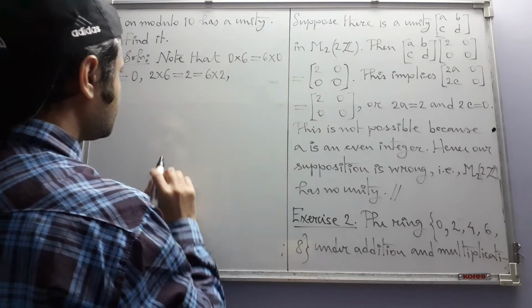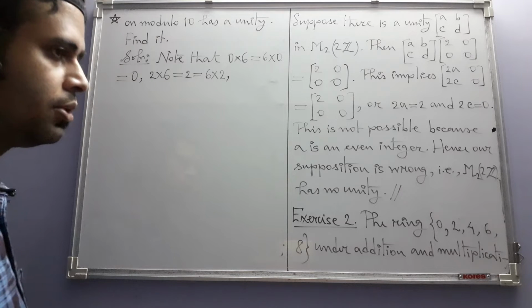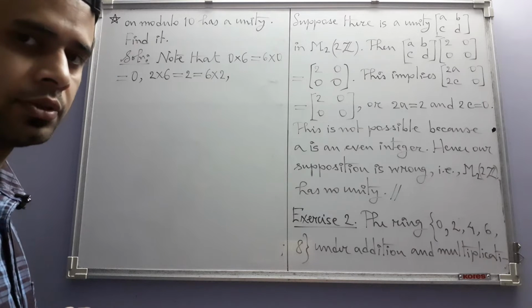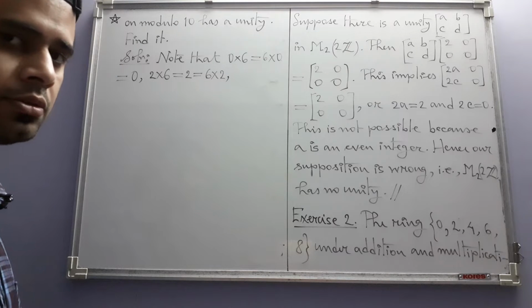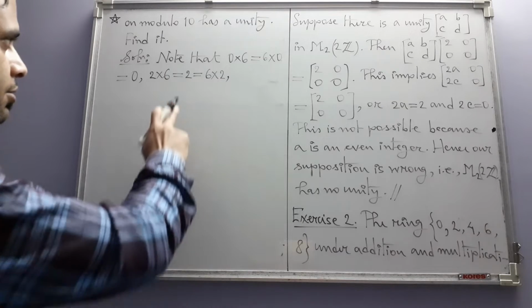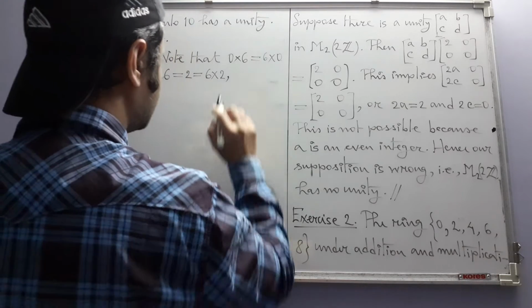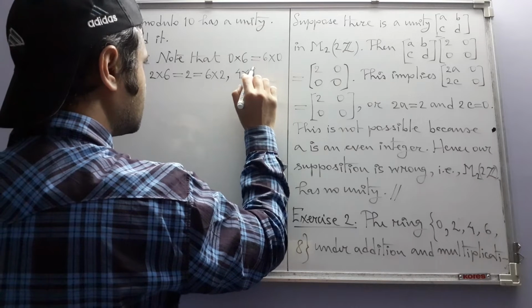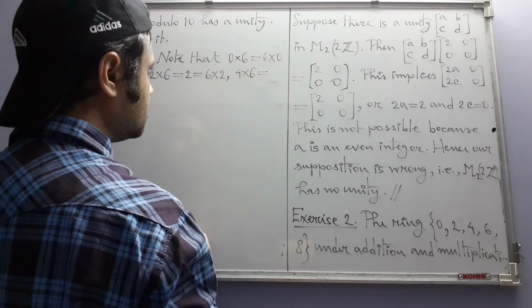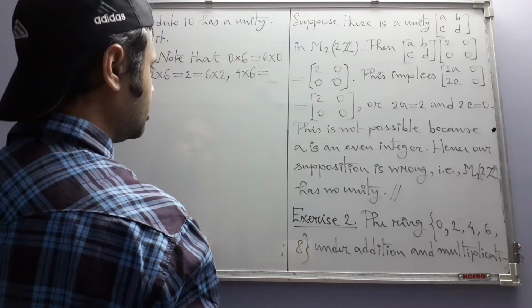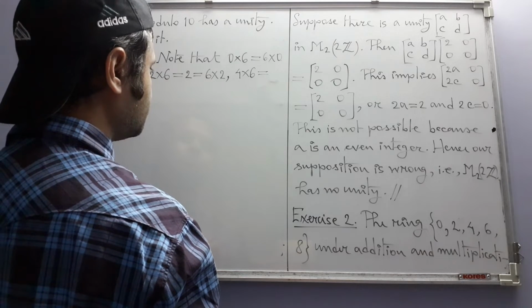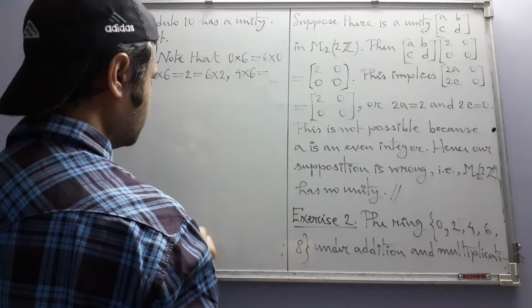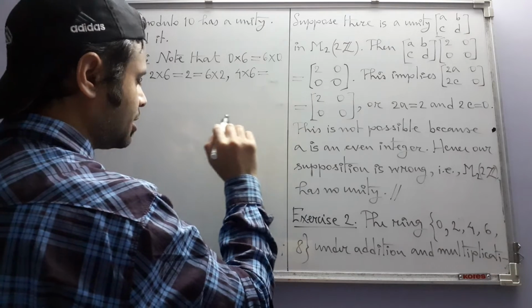Anyway, you can see that 2 times 6 is 12. Now 12 modulo 10 is 2, so that's why we have 2 here. So 4 times 6 is 24, 24 mod 10 is 4 because 20 plus 4.